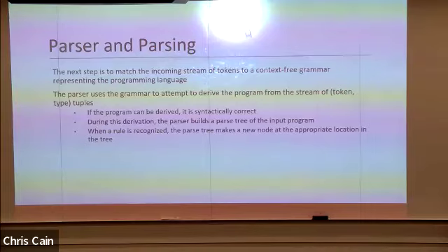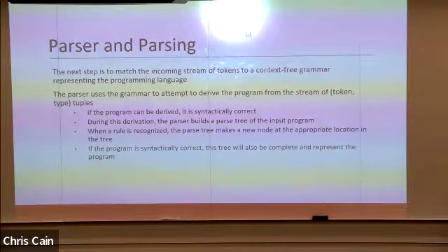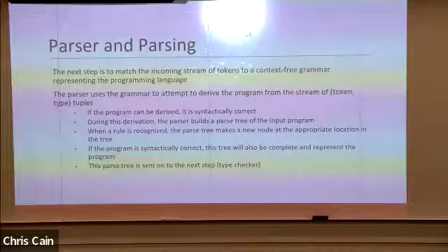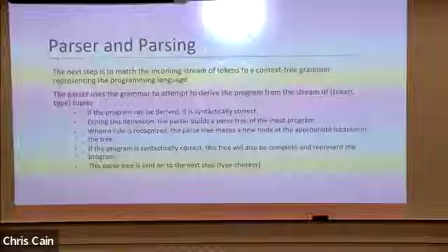And we say, all right, we derived these non-terminals from this list of tuples. If we're syntactically correct, the tree is complete. And the tree is an internal representation of the program in terms of the grammar. When this process is complete, we just send on that parse tree to the next step.